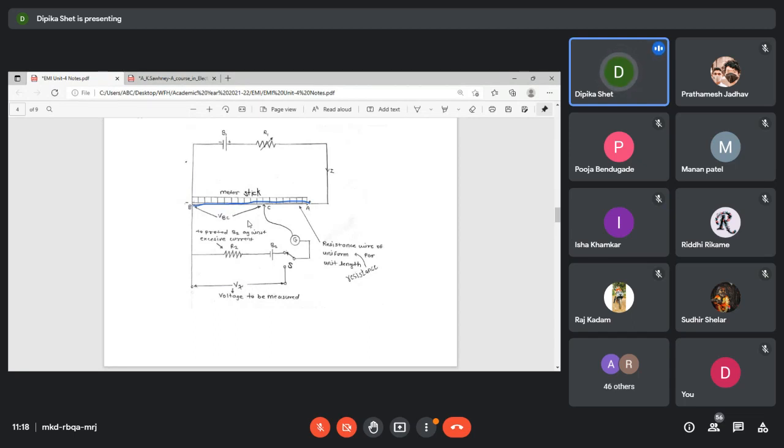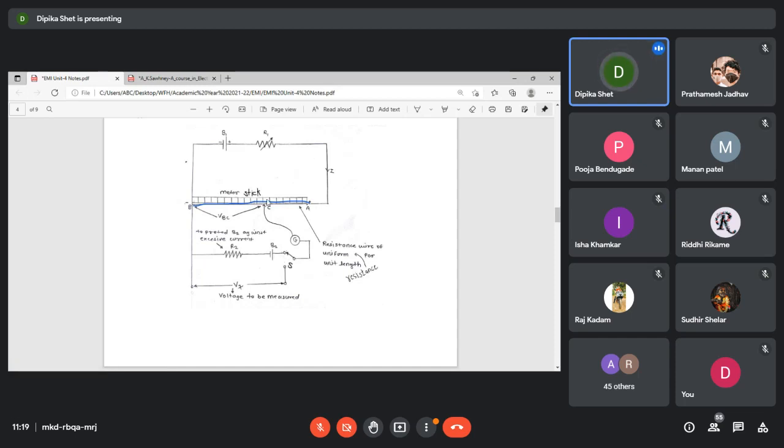This calibration is done by setting the switch to connect the standard cell to the galvanometer G. Then the sliding contact C is adjusted to the position on the resistance wire which has a voltage exactly equal to that of our standard cell.